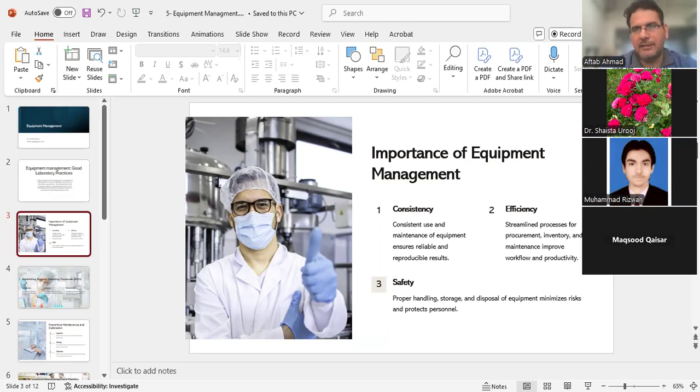Safety is of two kinds, just like we had discussed in our previous lectures. One is the safety of the equipment. We should run equipment in a way that our protocols shouldn't damage it, such as how we are cleaning it.